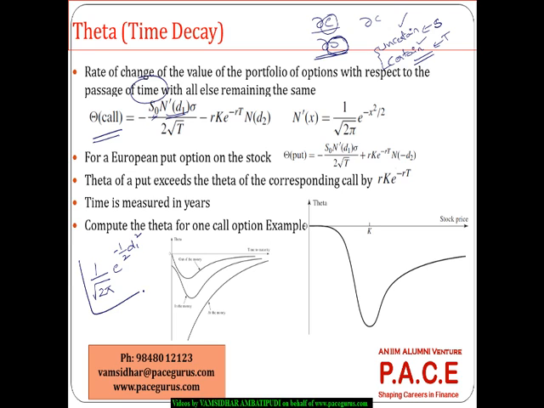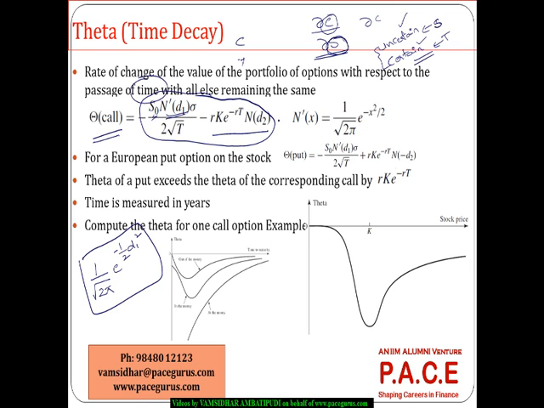This is the value associated with N dash D1, sigma divided by 2 root T, minus rK e to the power of minus rT N of D2, which is the price of the call option. Whatever we had, we take the derivative of that with respect to the time to maturity T, and that gives us this particular formula. The derivation of it is not in scope here.